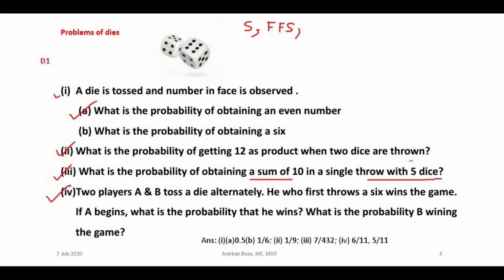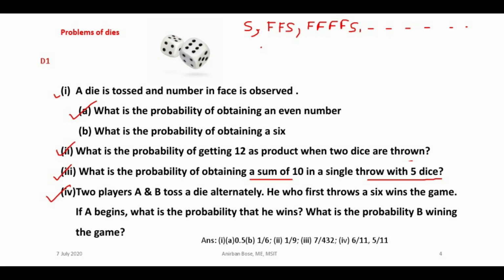So in that case also A wins. Or A failed, B also failed, then A failed again, then B failed again, and then A gets a success. So in this way, there are infinite possible ways by which A can win. So you have to consider all such cases, and then you have to find out their probability and add them.